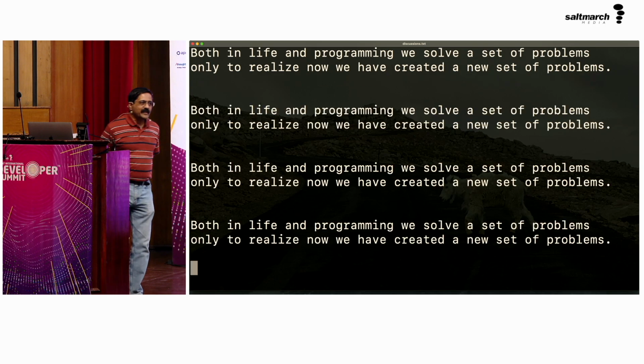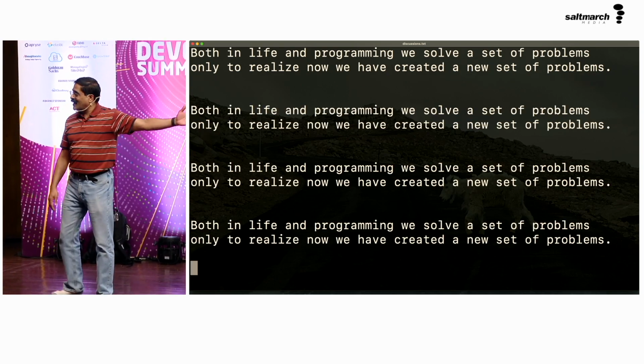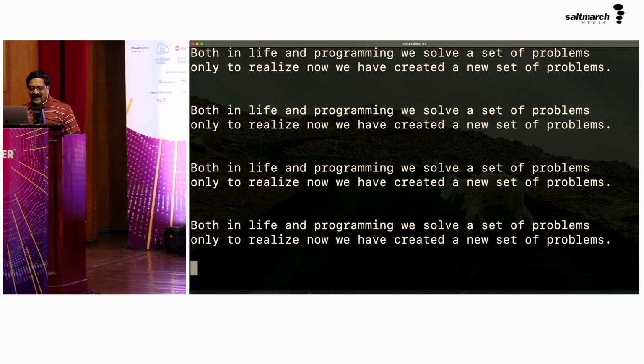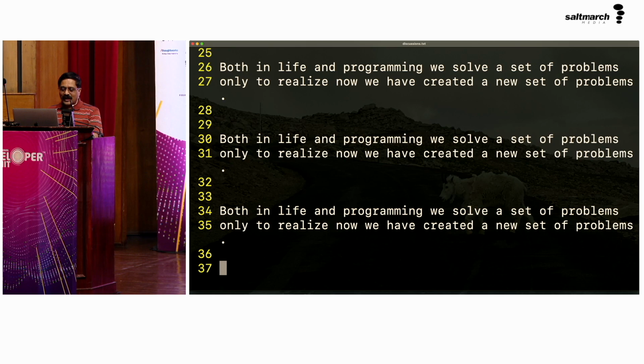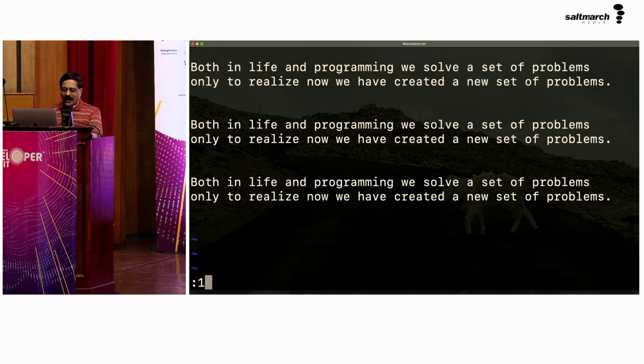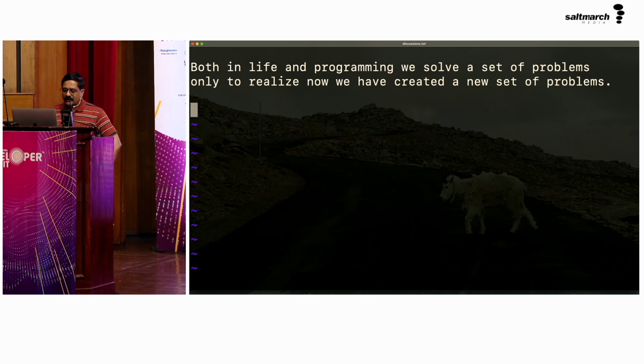This is definitely true about life. Okay, there you go. That's concurrency right there, right? You write it once and it repeats so many times. I didn't mean that, sorry. So essentially, both in life and programming, we solve one set of problems only to realize we have created a new set of problems.